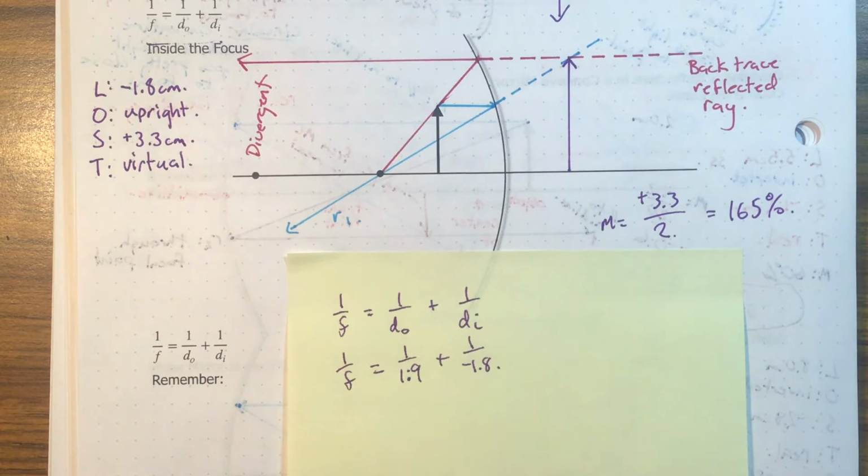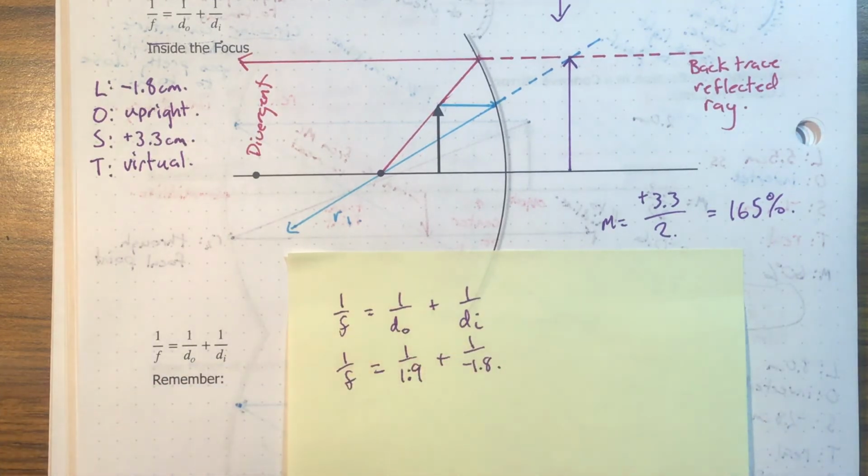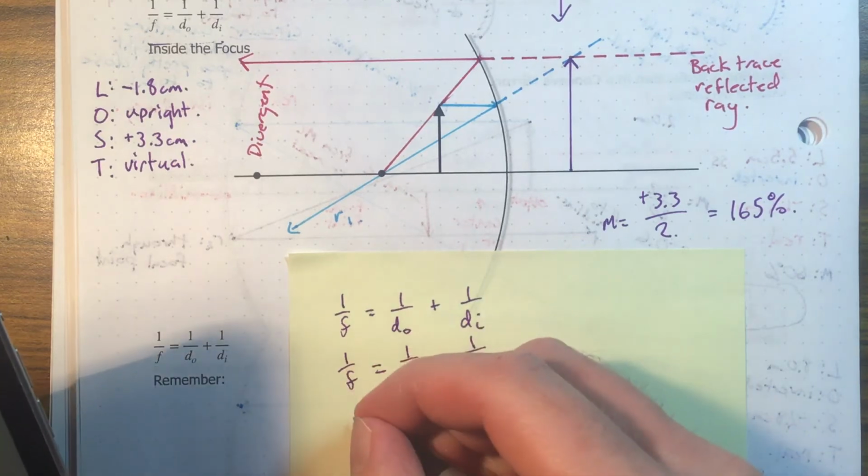Okay. Oh boy, let's see what happens here. So 1 divided by 1.9 plus 1 divided by negative, oh no, divided by, where's my negative button? Negative. This did not work out very well.